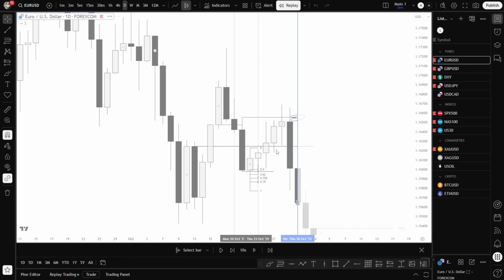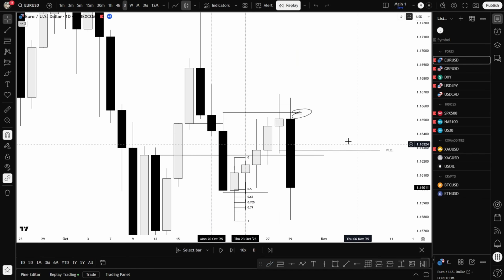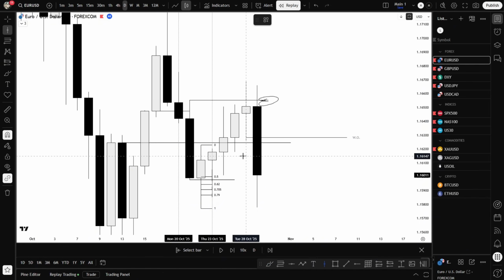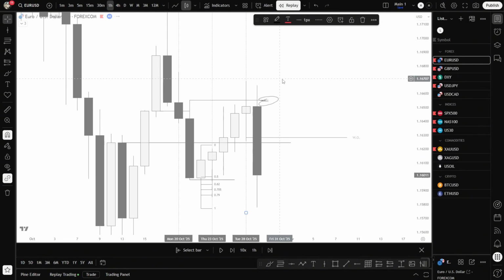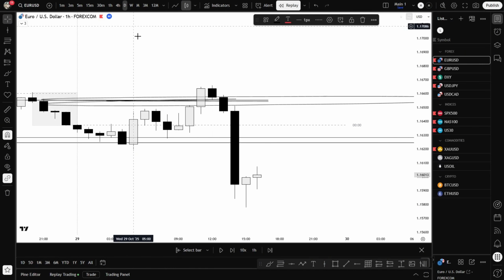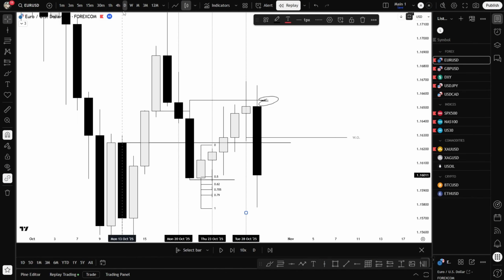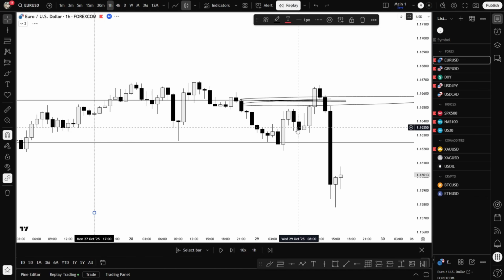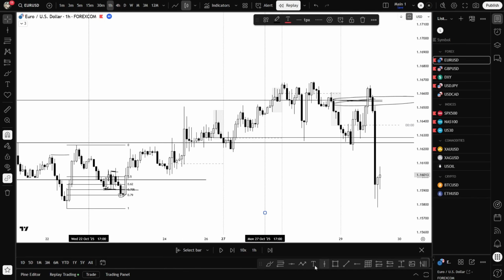Let me show you guys where I closed the trade. My trade idea gets invalidated here. So once we hit the low, right, on Tuesday. So on Tuesday, what we actually did is we hit my target here.